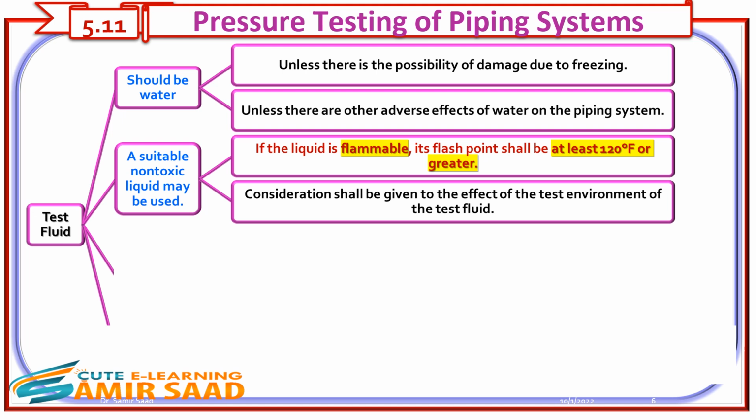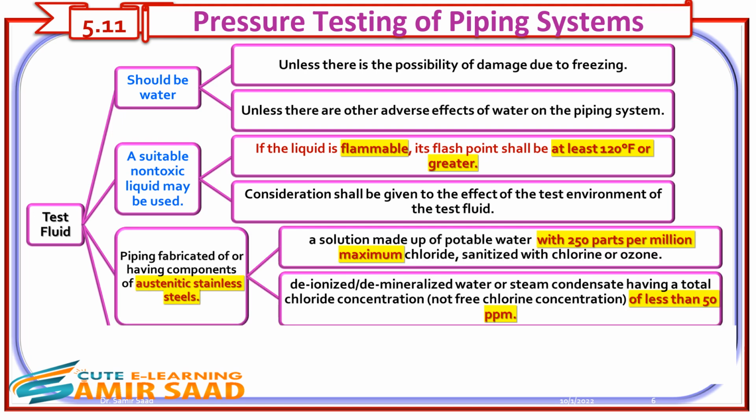Consideration shall be given to the effect of the test fluid on the test environment. For piping fabricated of, or having components of, austenitic stainless steels, use a solution made up of potable water with 250 parts per million maximum chloride, sanitized with chlorine or ozone, or deionized, demineralized water or steam condensate having a total chloride concentration, not free chlorine concentration, of less than 50 parts per million.